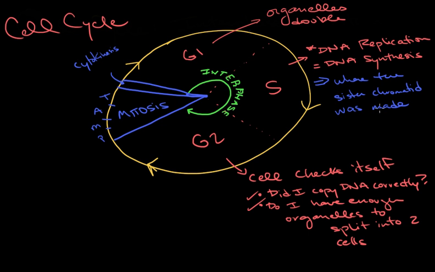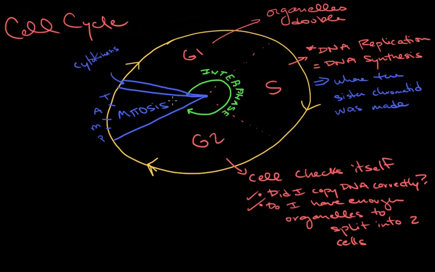That's where the exact copy, that second half of the X, came from. And then it goes through G2, where it asks the questions: did I copy the DNA correctly? Do I have enough organelles to split into 2 separate cells? And again, if there are check marks to that, yep, it continues, and then that cell divides again through prophase, metaphase, anaphase, telophase, or mitosis, and then cytokinesis, making 2 new cells.